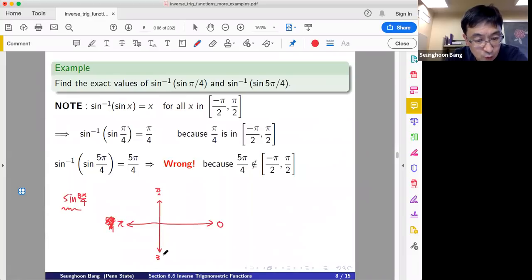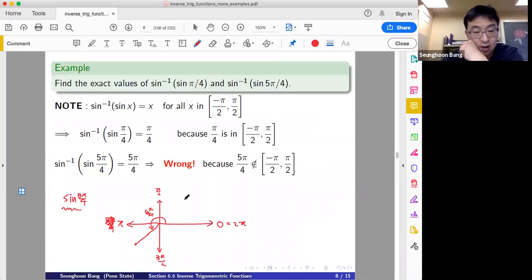This is 3 pi over 2. This is also 2 pi. We have this angle. The 5 pi over 4 is between pi and 3 pi over 2. So this angle is exactly 5 pi over 4.